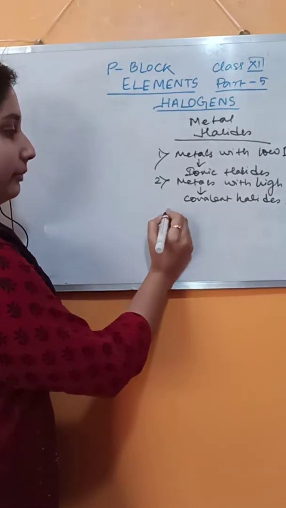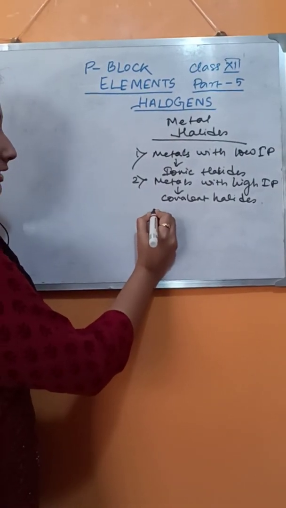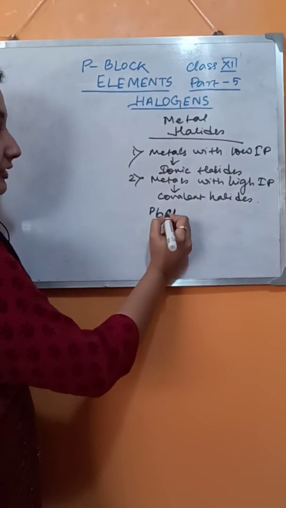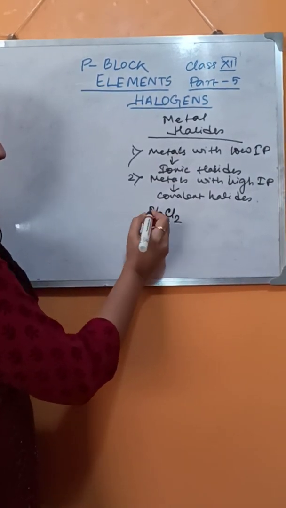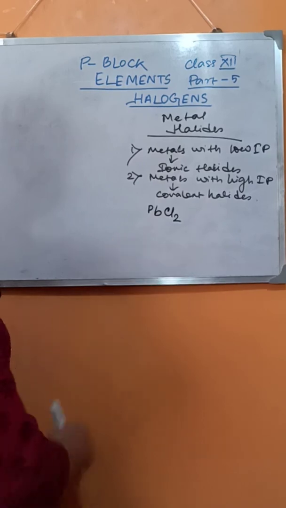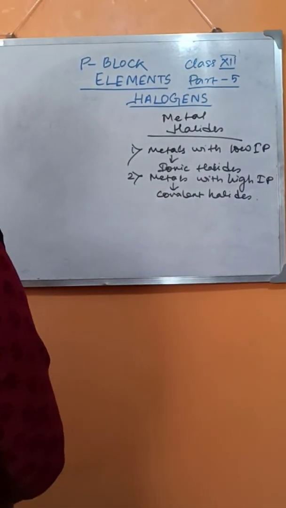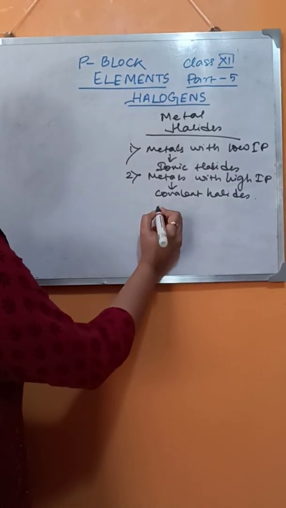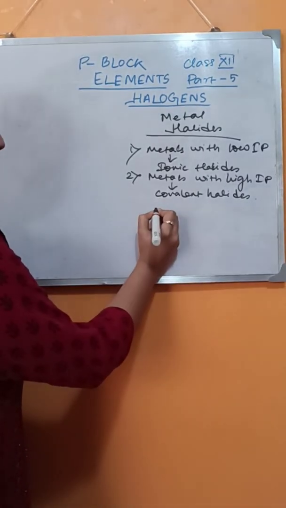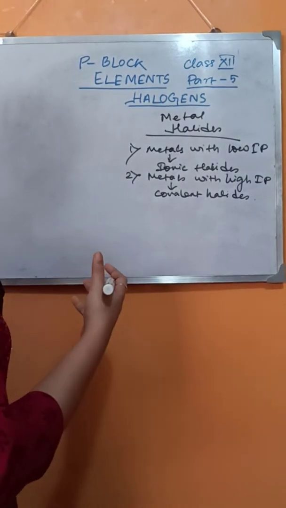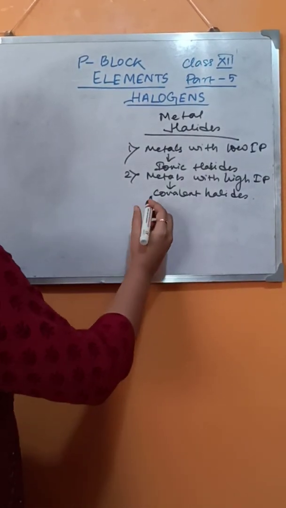Another important property here is that you should know about this, that PbCl2, that is lead chloride. Okay, before coming to this, let me come to a few other things. There are different oxidation states, such as certain metals are present in different oxidation states here.